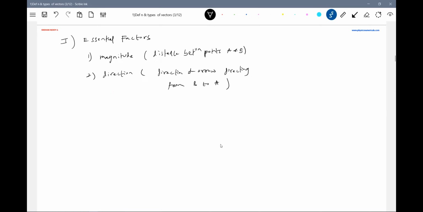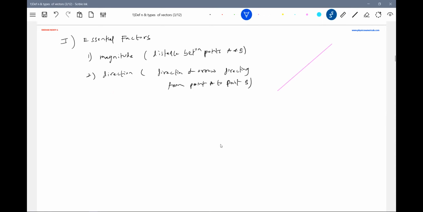Directed from point A to point B. What actually this is, I'm putting something very fundamental here.